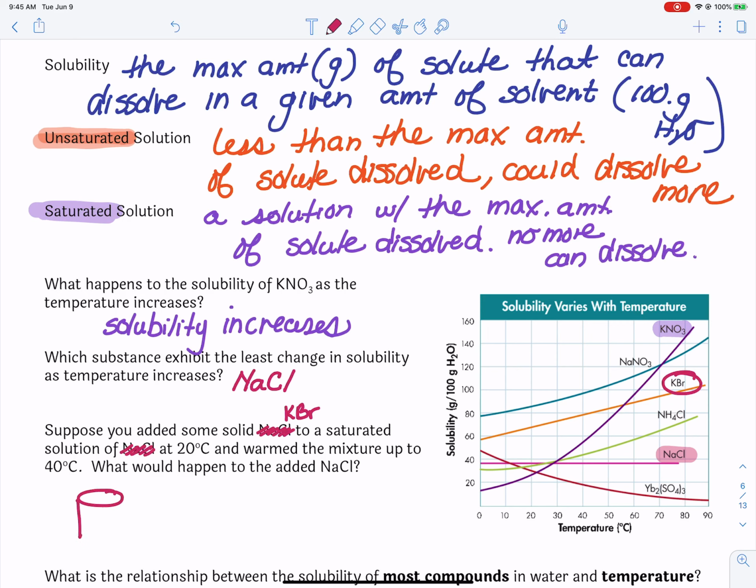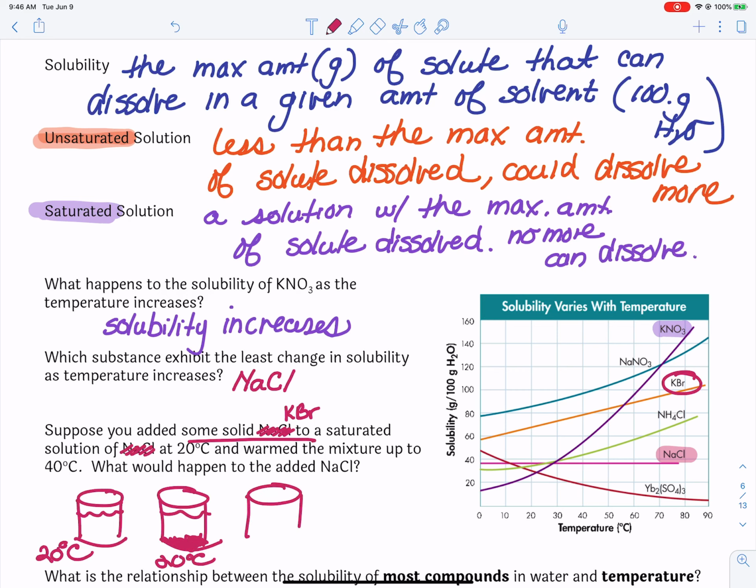So at 20 degrees Celsius, right? So let's say this is 20 degrees Celsius. Here's the saturated solution, right? If I were to add some solid KBr, what I would see is that this KBr would sink to the bottom.